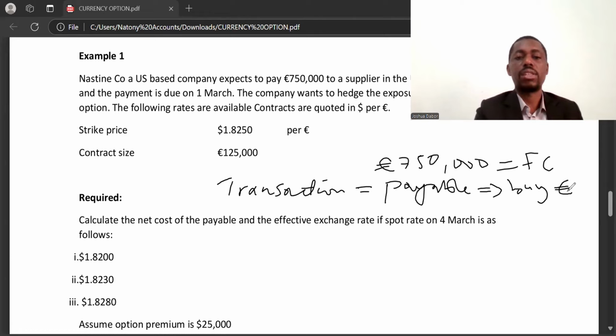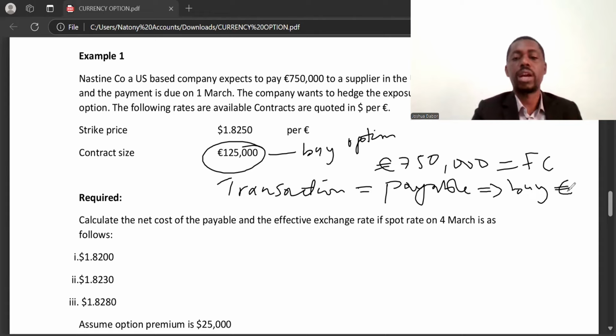Since the contract currency is in the euro, there's no need to go for a put. What the company needs to do is to buy option, and to buy option, you call it a call option.